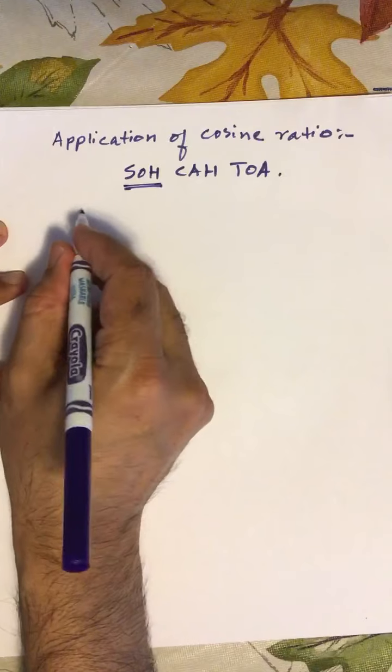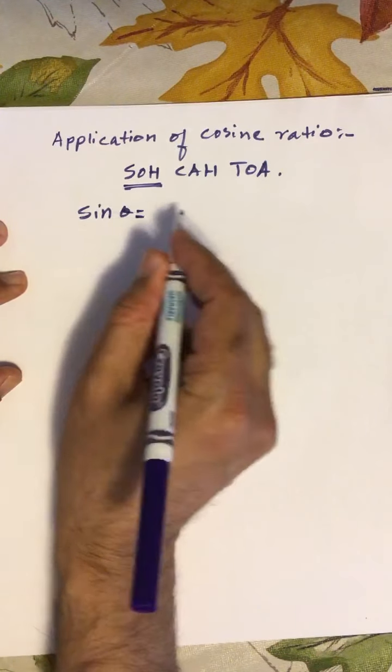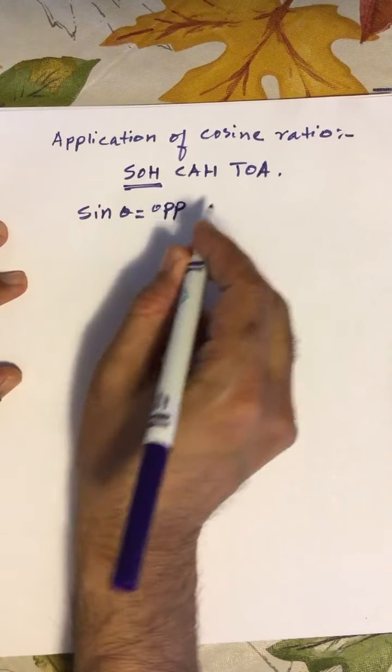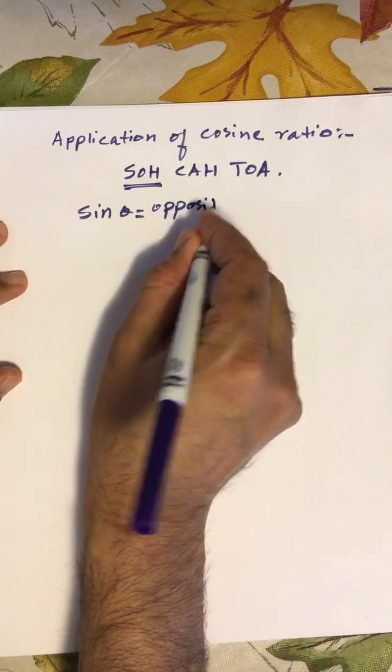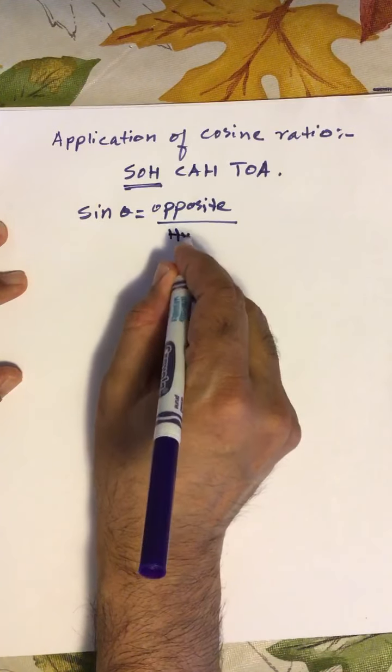So S stands for sine theta equals, O stands for opposite, and H stands for hypotenuse.